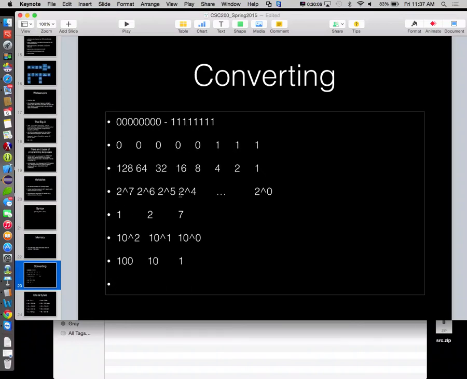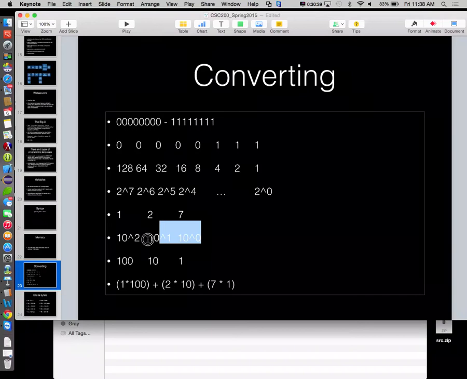So 127 is 1 times 100 plus 2 times 10 plus 7 times 1. That's 100 plus 20 plus 7, which is 127. Make sense? We did the exact same thing as we did up here, except with base 2, these are powers of 2 down below. In base 10, these are powers of 10 down below. Make sense?